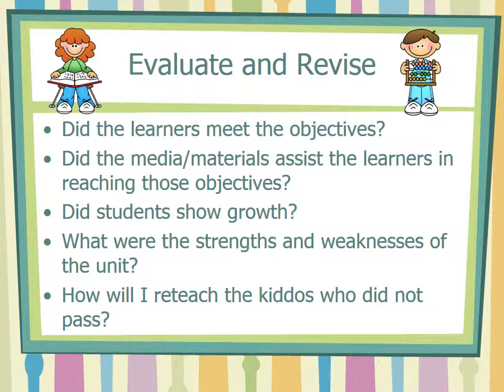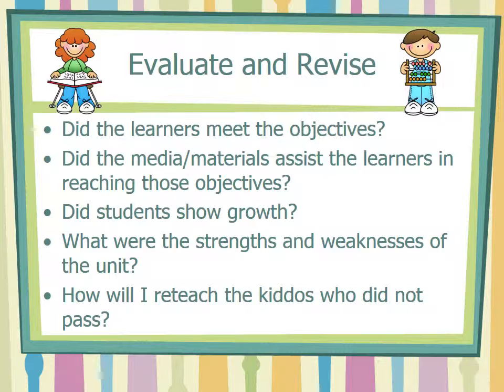The final step of the Assure model is evaluate and revise. After I have taught the unit, students are evaluated on the material presented. I will reflect on the effectiveness of the lessons presented throughout the unit. If certain lessons did not go as planned, these can be changed for future instruction.